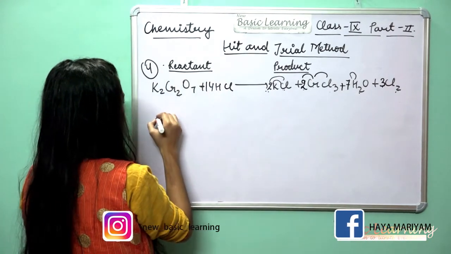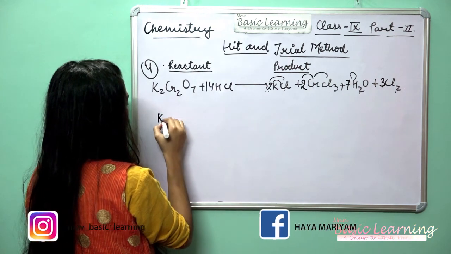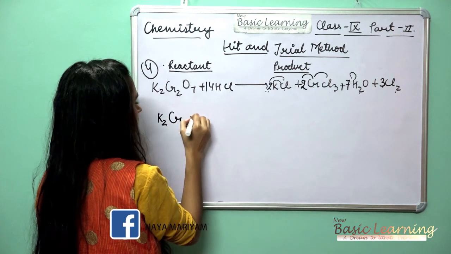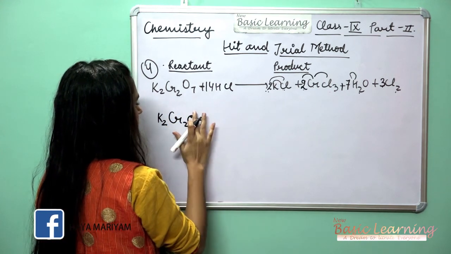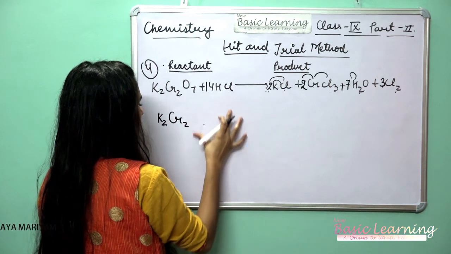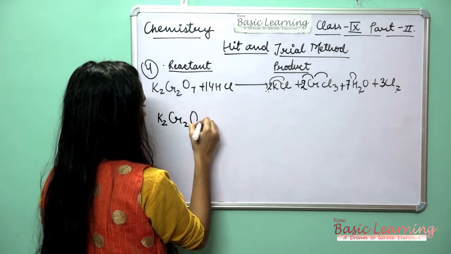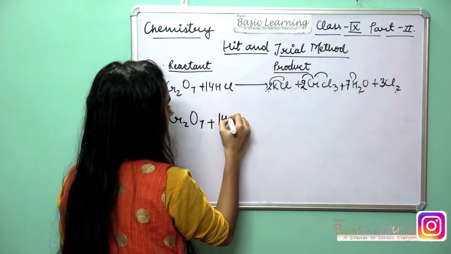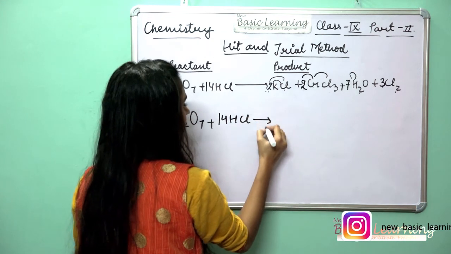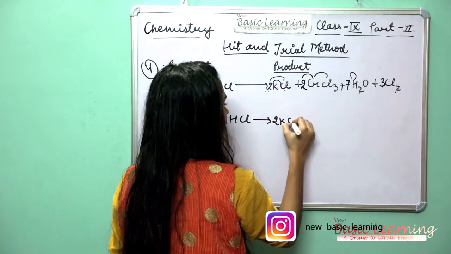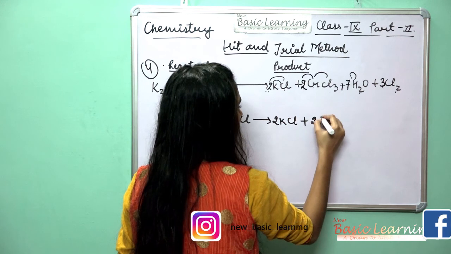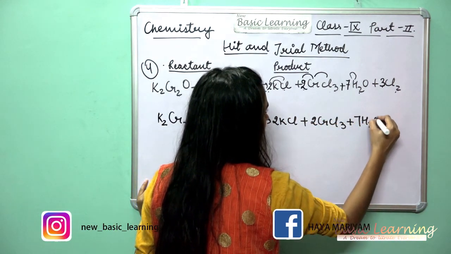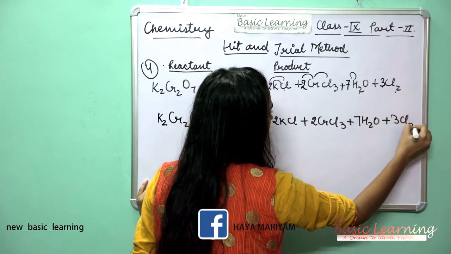So now what is the equation? It becomes K2Cr2O7 plus 14 HCl gives 2 KCl plus 2 CrCl3 plus 7 H2O plus 3 Cl2.